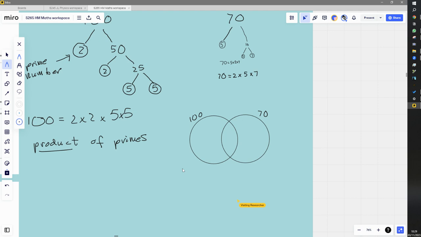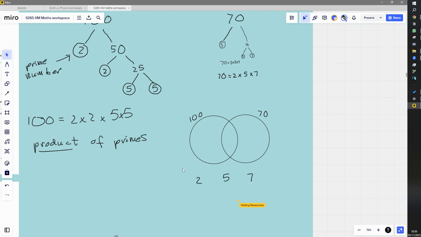What we do is we take these numbers 2, 2, 5 and 5, and 2, 5 and 7, and we write them in different places depending on which numbers go into which bits. I'm not explaining this very well, but I'll demonstrate it with some examples.